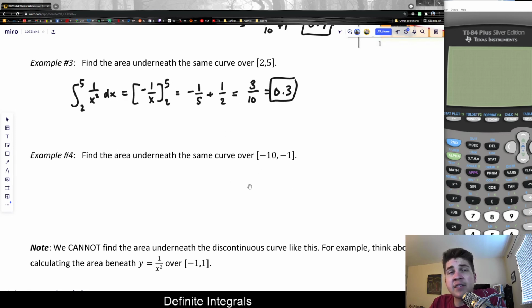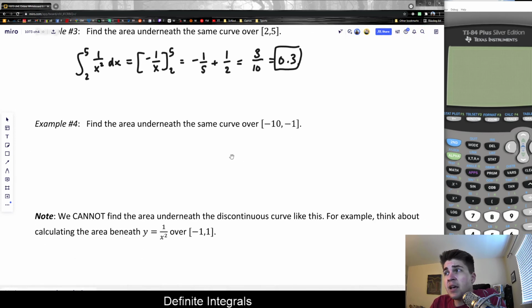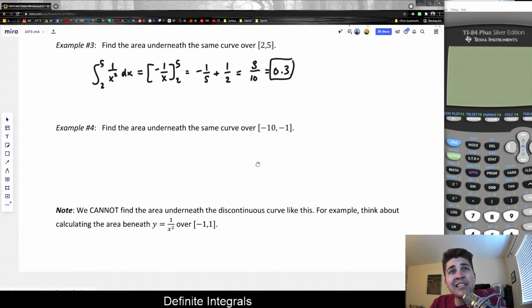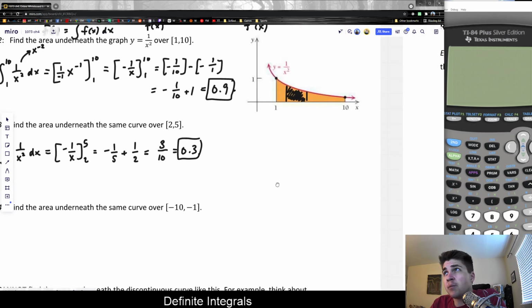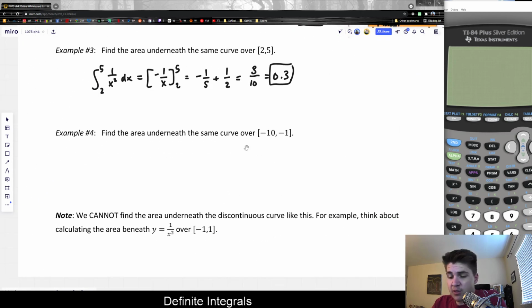Also with negatives, same deal. You can use negatives, but there are particular issues that you need to be careful about. Certain functions, like notice 1 over x squared has a discontinuity at 0, right? We might say it's undefined at 0, or 0 is not within the domain of this particular function.